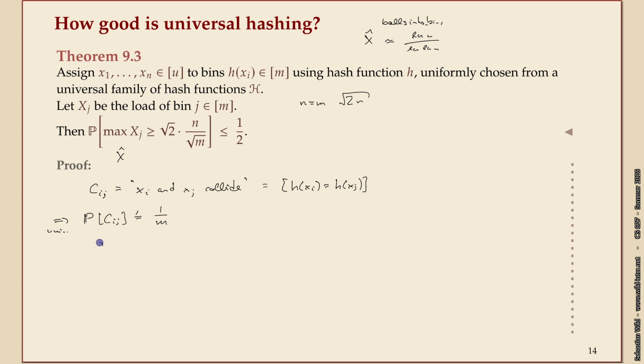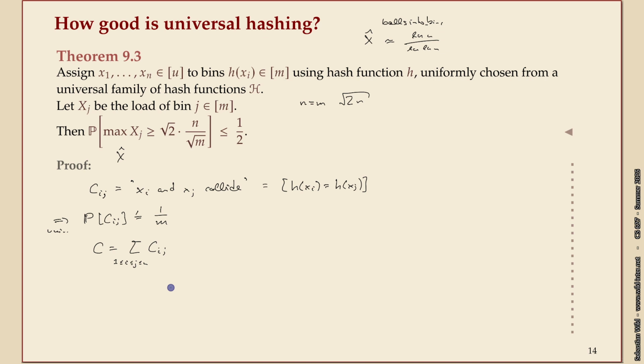And let's also define the total number of collisions as the sum over all the pairs Cij. So these all range from 1 to n. I guess I don't want to double count, so say 1, so ordered pairs.